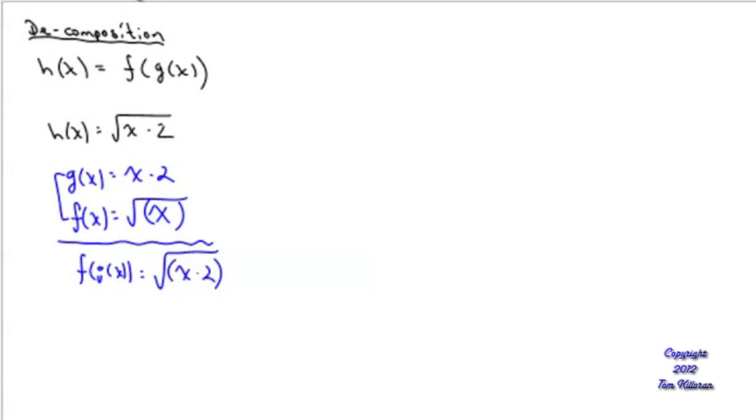How about something uglier? H of x is equal to 3 times (x plus 1) all squared minus 5 times (x plus 1) minus 7. And we want to write this as f of g of x. So the first thing you do is say, g of x must be the inside function, which is, take a guess, x plus 1.